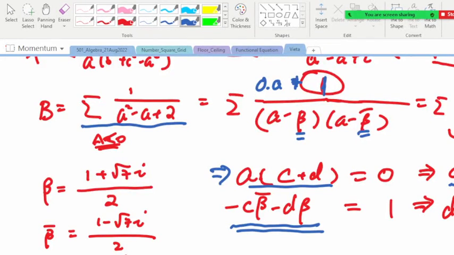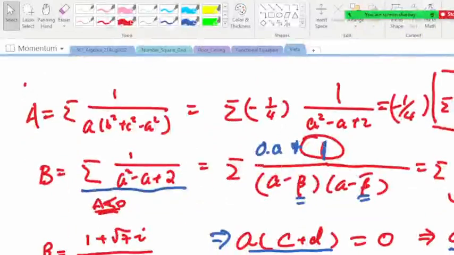Basically, this polynomial equals this polynomial. This function equals this function of a. They are identical. Jonathan, did you see it? Do you really understand? Not really. Okay, Jonathan, take a look at this.